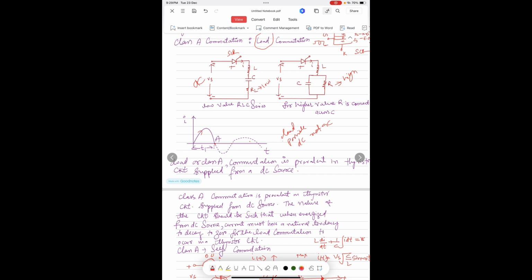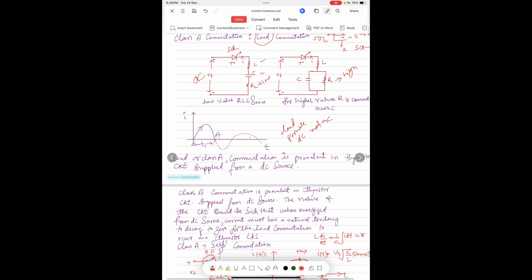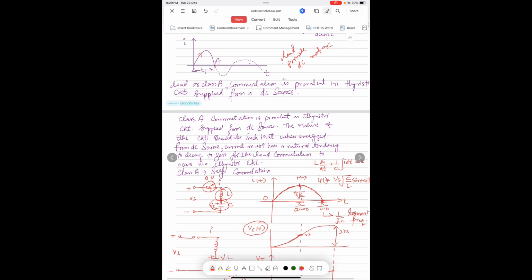The reason is that it should be underdamped and go to the value of zero so that the thyristor turns off on its own, because there are charging elements L and C like in a tank circuit. It charges and discharges and makes this SCR turn off. I will explain this with a diagram.